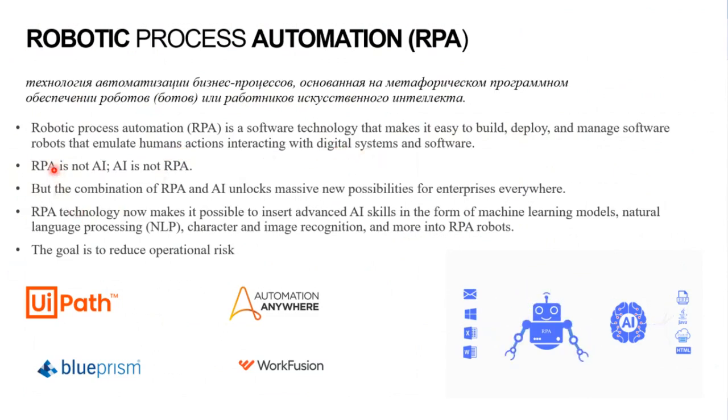So RPA is not AI, and AI is not RPA. But when we combine RPA and AI, we're able to unlock massive potential and possibilities for any company or any firm everywhere. RPA technology makes it possible to give advanced AI skills, in the form of machine learning models, natural language processing, character recognition or OCR, for example, to robots.